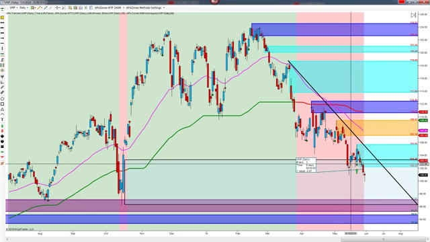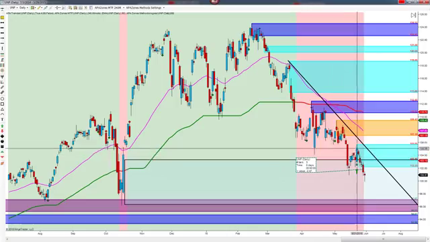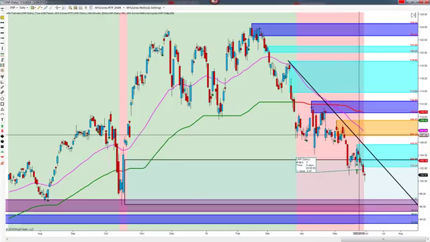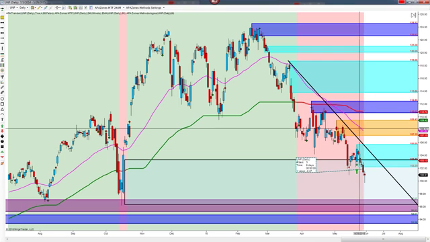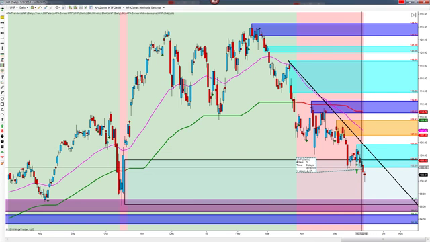It would have been much better for me to just wait for this consolidation to happen, see if we can at least push up and retest this orange zone. We don't have to break it, but show me that there's definitely some momentum with this buying here, and then wait for a retest of that consolidation.